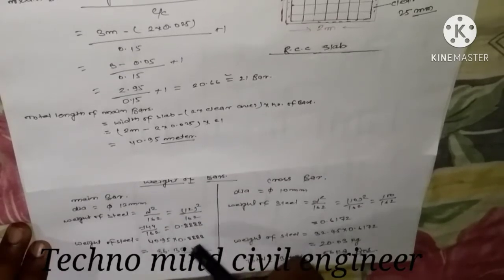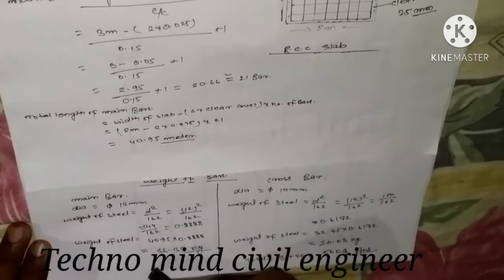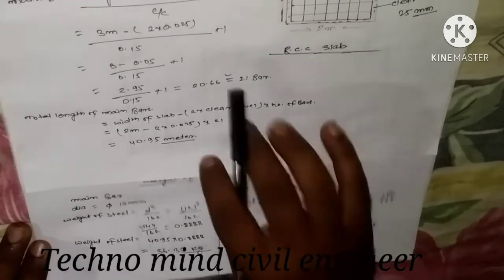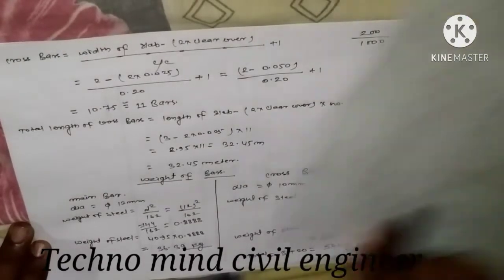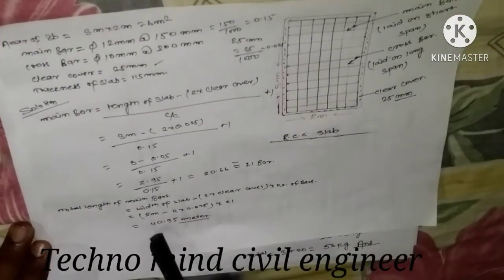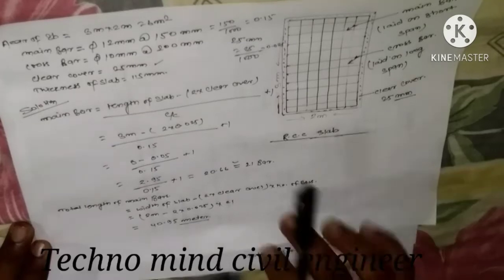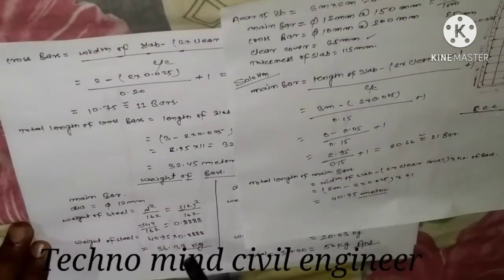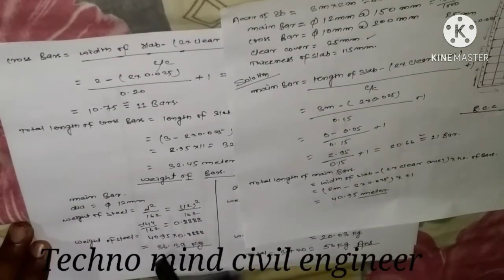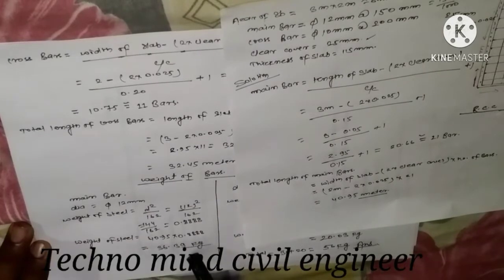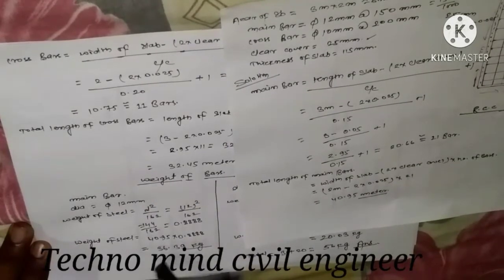Weight of steel is equal to the total length of main bar, 40.95 meter, multiplied by 0.88, which is equal to 36.39 kg. The weight of the main bar is 36.39 kg.